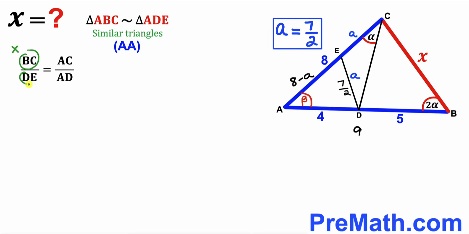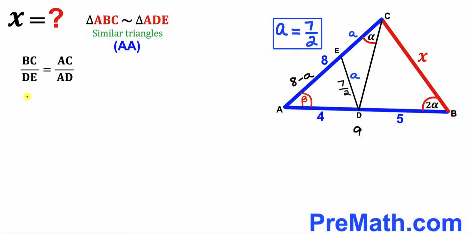And our DE length is lowercase a, which is 7 divided by 2. So I'm going to replace that one with 7 divided by 2 over here. And our AC length is 8 units. So I'm going to replace that one with 8. And finally our AD segment length is 4 units. So I'm going to replace that one with 4 over here.